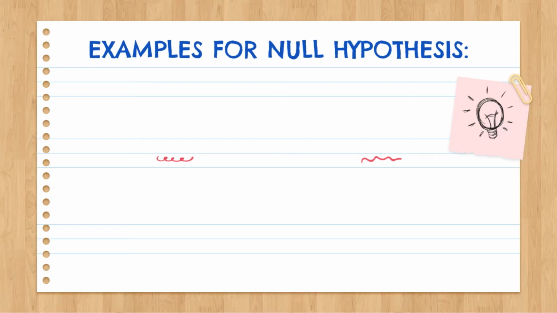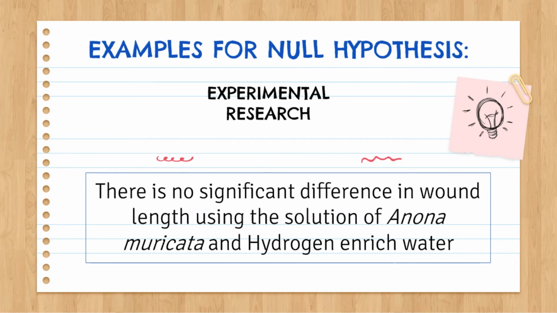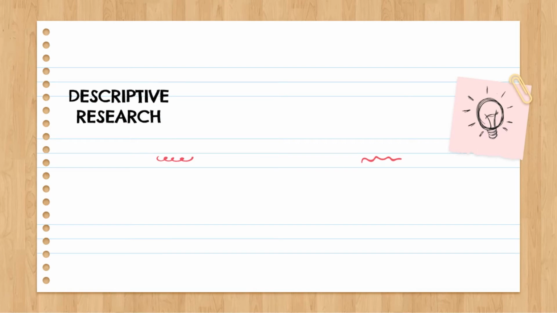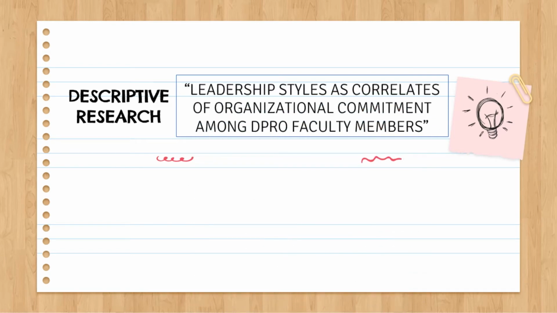Well, the example for experimental research is: there is no significant difference in wound length using the solution of annona muricata and hydrogen-enriched water. How about example in alternative hypothesis? Let us use the same example earlier in descriptive research. Leadership styles as correlates of organizational commitment among DPRO faculty members.